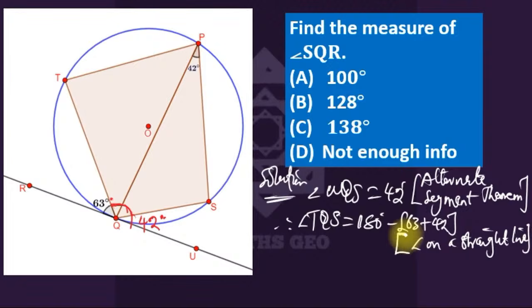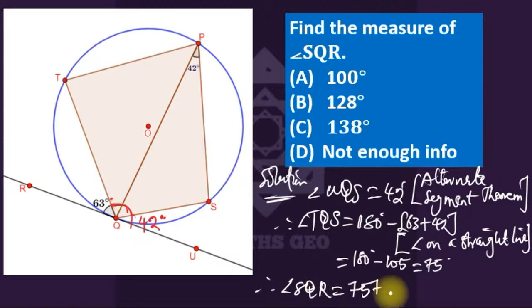So which is 180 minus 105, which is 75. Therefore, what we are looking for is angle SQR, which is 75 plus 63. The answer is 138. So option C.